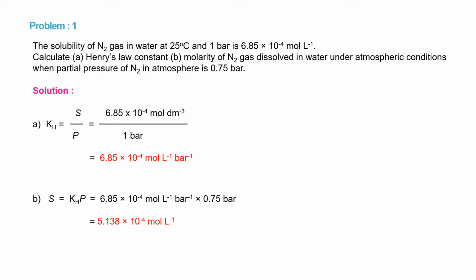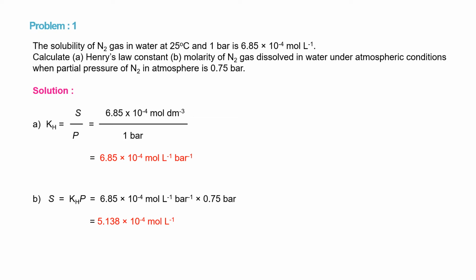So in this case you have to find the solubility of N2 gas under a pressure of 0.75 bar. S is equal to the KH value, 6.85 into 10 raised to minus 4, multiplied by 0.75 bar. The bar term cancels and S becomes 5.138 into 10 raised to minus 4 mole per liter.